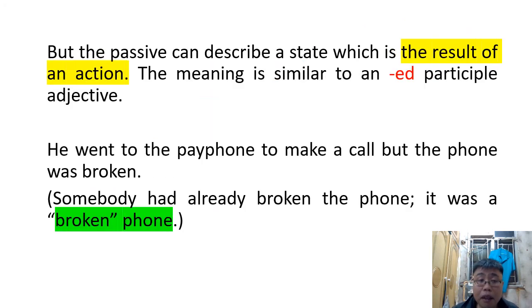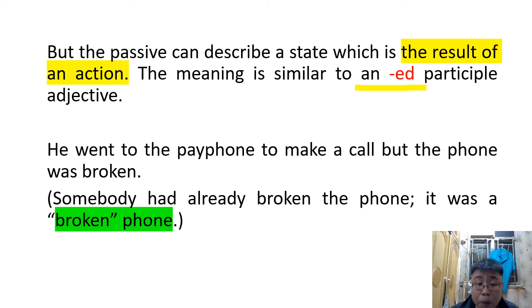Next, we use the passive to describe a state which is the result of an action. Then we can use the -ed form here. "He went to the payphone to make a call, but the phone was broken." And then look at this explanation: somebody had already broken the phone.